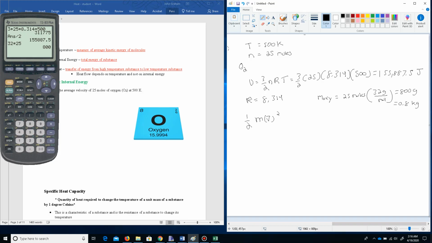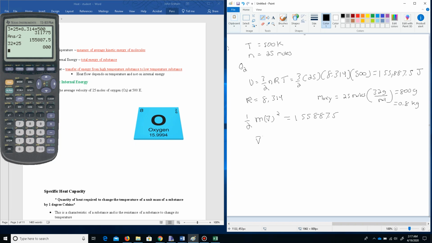Now, we want to set our kinetic energy equal to 155,887.5. We have the mass, we just have to solve for v.